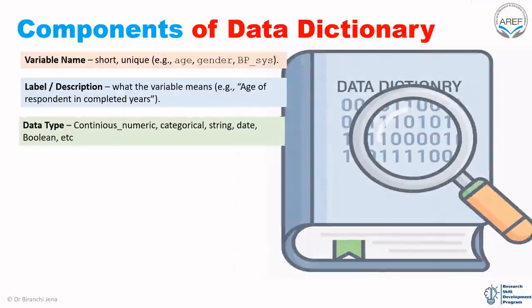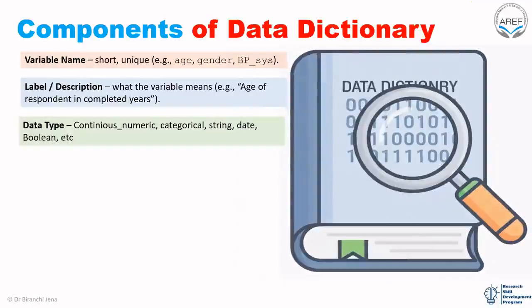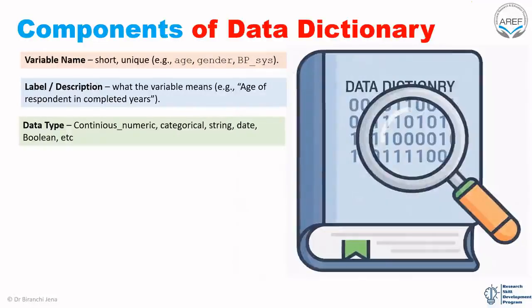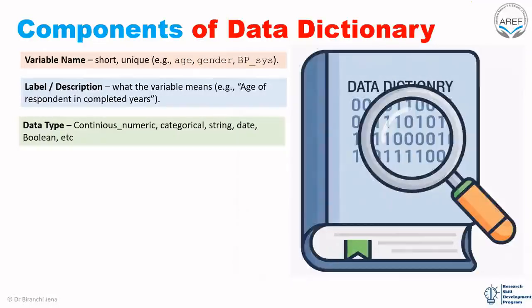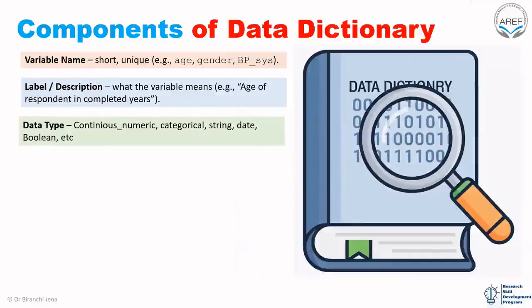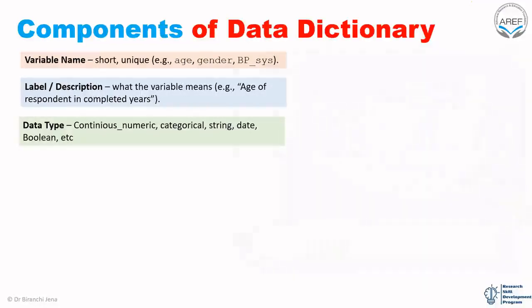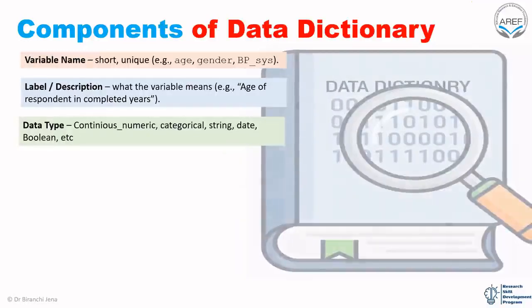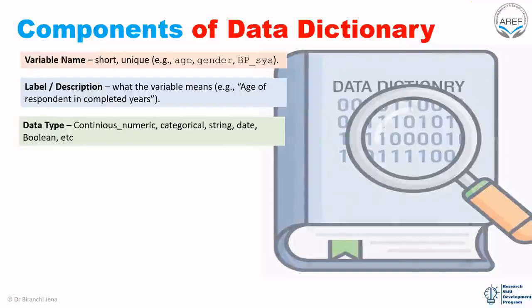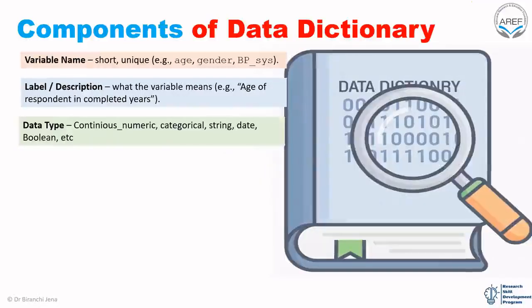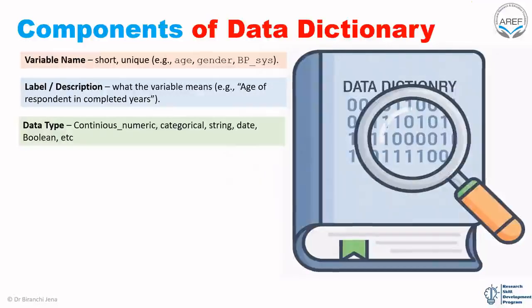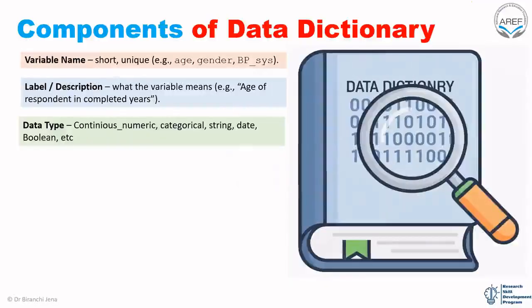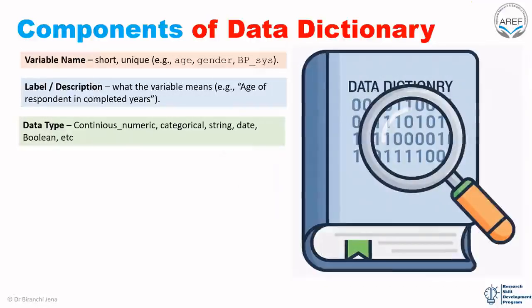Then it could be categorical. If you are using the same age, but you have written 1, 2, 3, 4, 5, where 1 means less than 20, 2 means 20 to 40, 3 means 40 to 60, 4 means 60 to 80, then that is a categorical form. Now, while you write this categorical in your data dictionary, you are very clear why you are collecting data in categorical form for the variable called age.